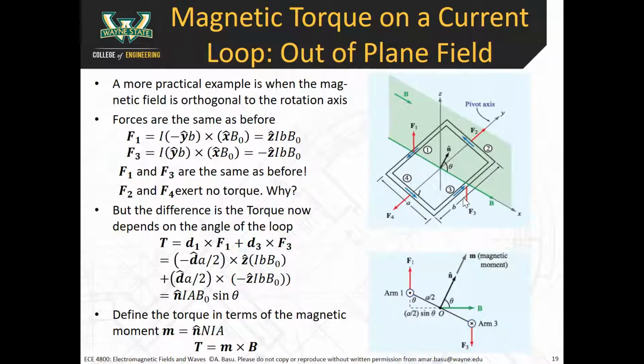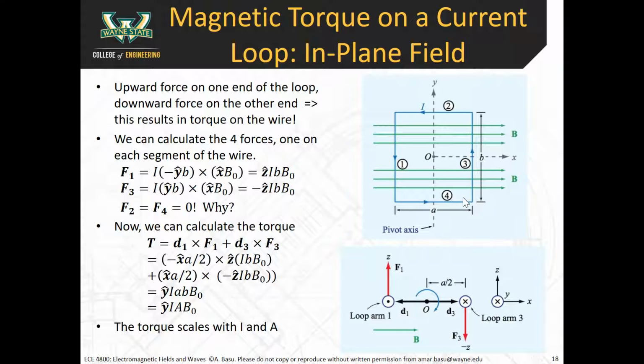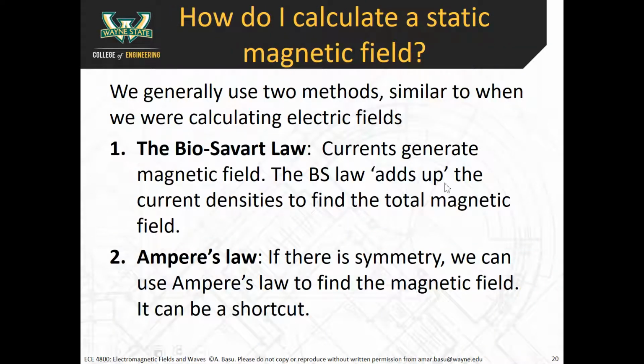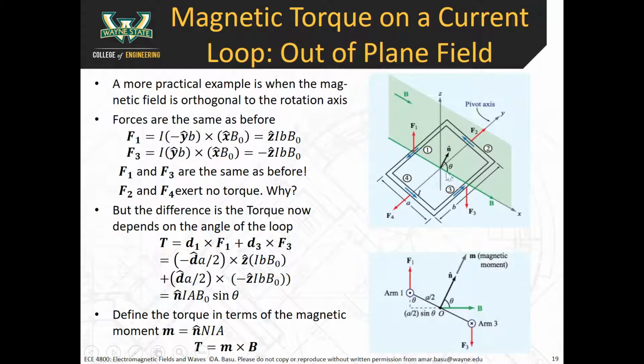The difference between this one and this one, as I said before, is that in this more general case, theta can change. So what happens when theta becomes 0 degrees? What happens when this loop is basically steady state, no change?